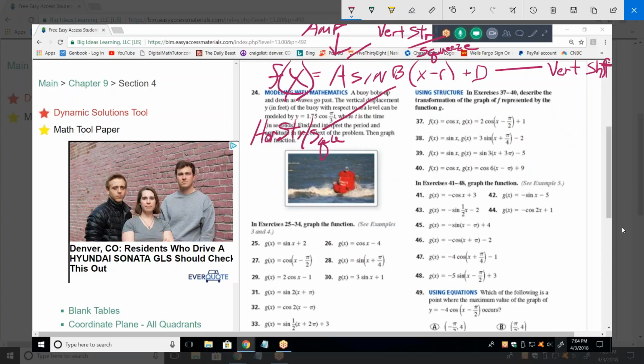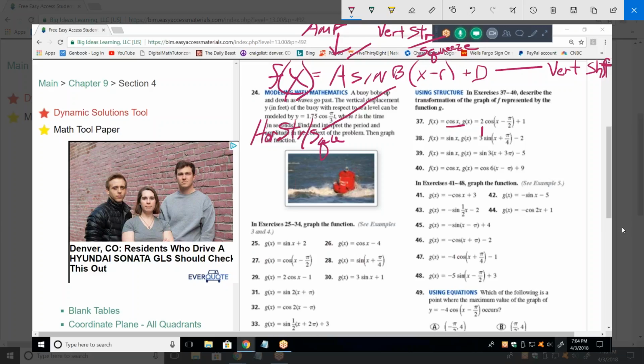Okay? So, if we take the first one, cosine x, that we think of as the parent function. So, what does the 2 do? It's a vertical stretch, or that's the amplitude. Good. Either answer is correct.